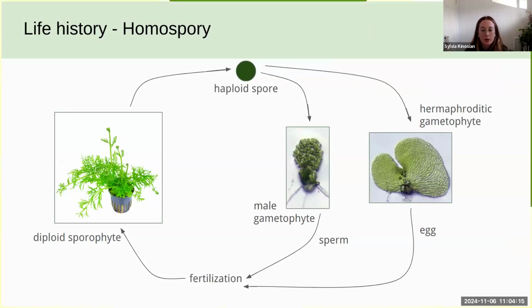These lineages only produce one type of spore, and that can develop either into a male gametophyte, which produces sperm, or a female gametophyte, which produces eggs or sperm. There's just the one type of spore.